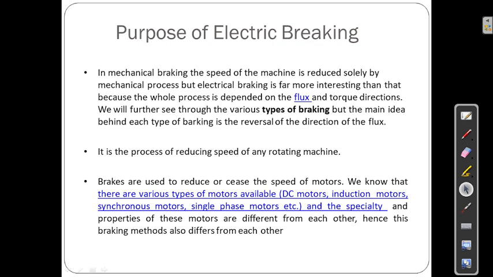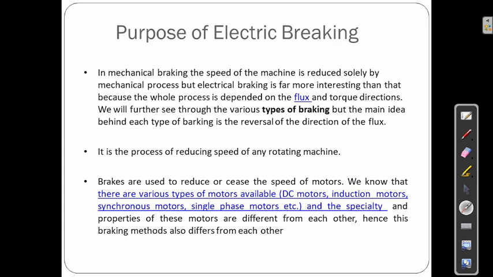In mechanical braking, the speed of the machine is reduced slowly by a mechanical process, but electrical braking is far more interesting than that because the whole process depends upon flux and torque directions.